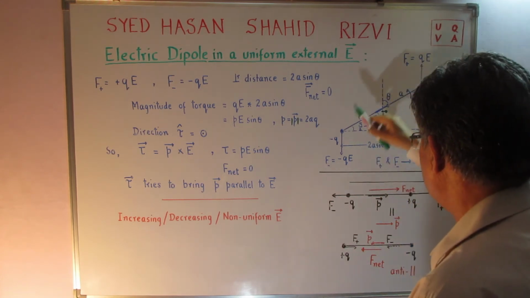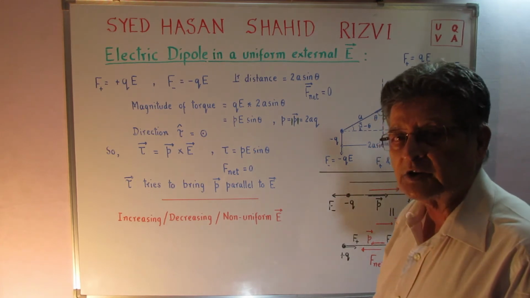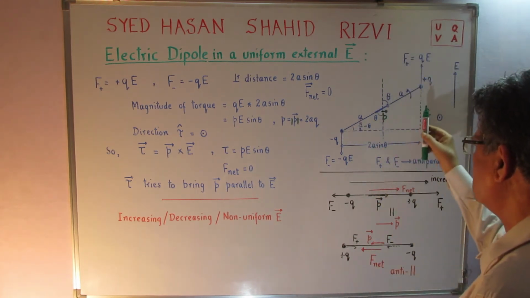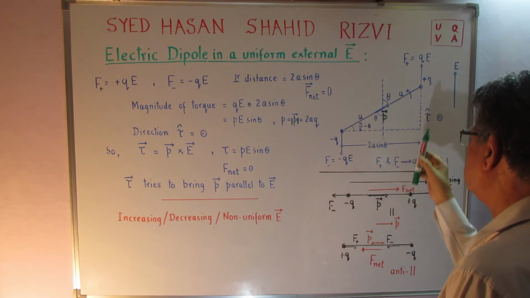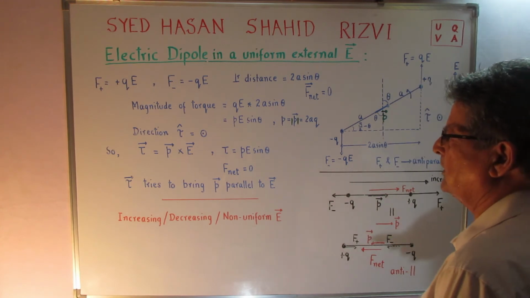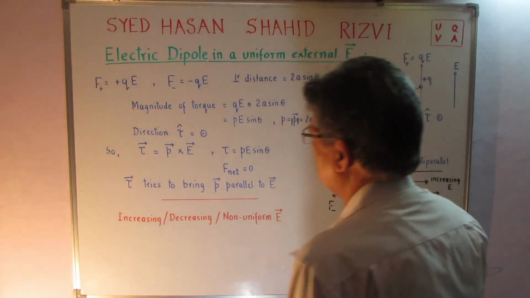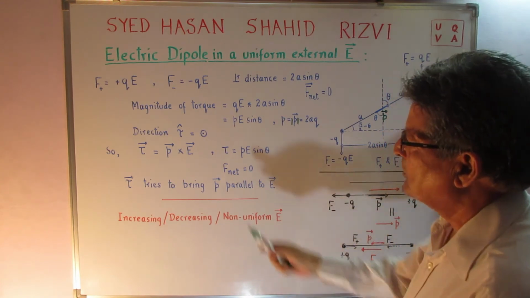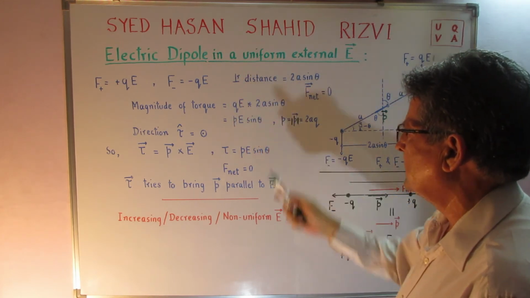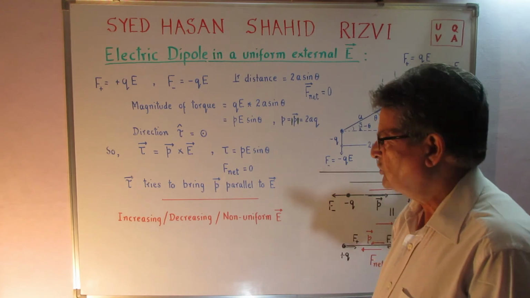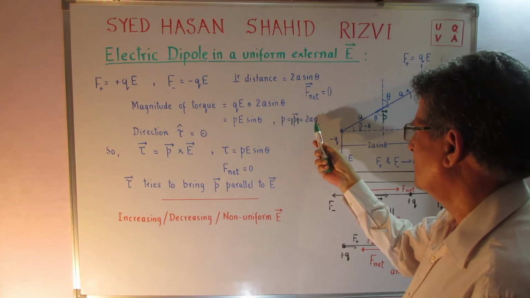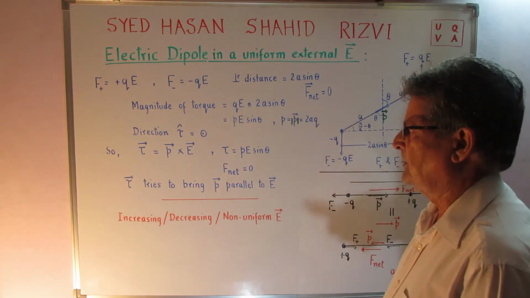The net force is equal to 0, but there is a torque, and the magnitude of the torque will be equal to one of the forces multiplied by the separation between the two forces, independent of the point about which we take it, the center of mass, etc. So the magnitude of the torque is qE, the magnitude of the force, multiplied by the perpendicular distance, which turns out to be equal to pE sine theta, where p is equal to 2a into q as per definition.